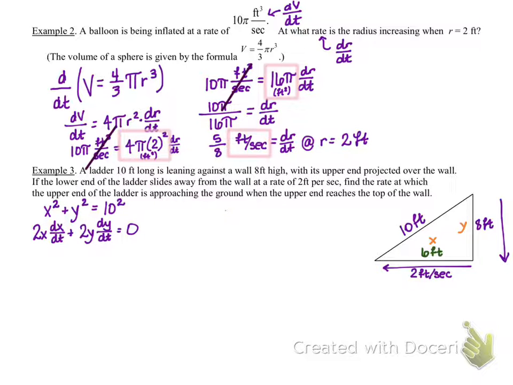Now, when we go ahead and try to figure that out, at this particular moment in time, we know that x is 6, dx/dt is growing, so that's 2, and y is 8 at this particular moment in time.